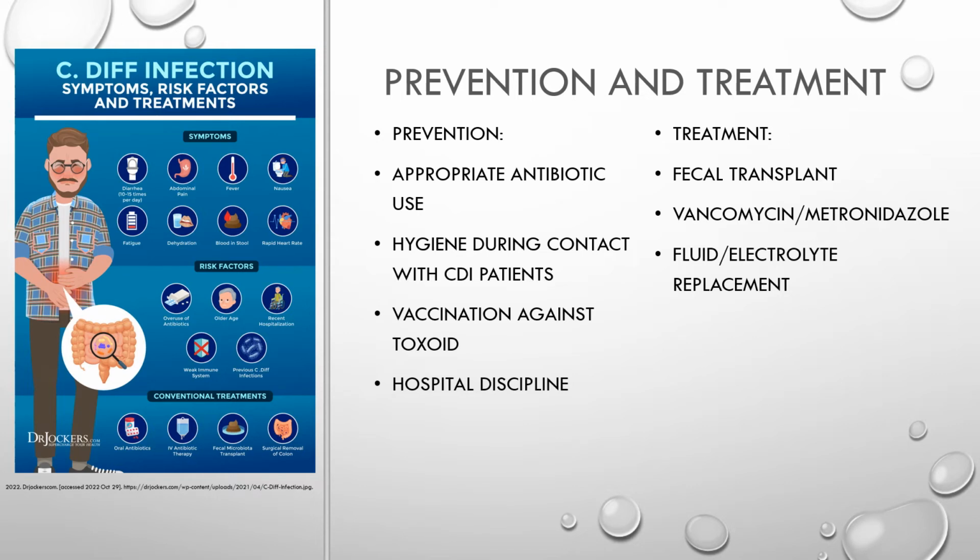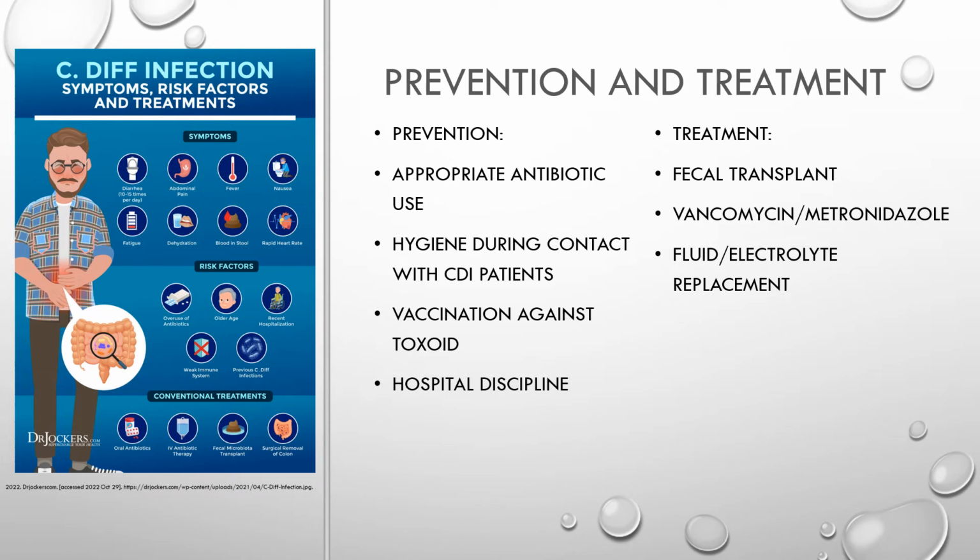And then in terms of hospital infections, proper hygiene and cleaning of surfaces after dealing with C. diff infected patients, and overall discipline when working with C. diff patients could help prevent a lot of the hospital-based infections.